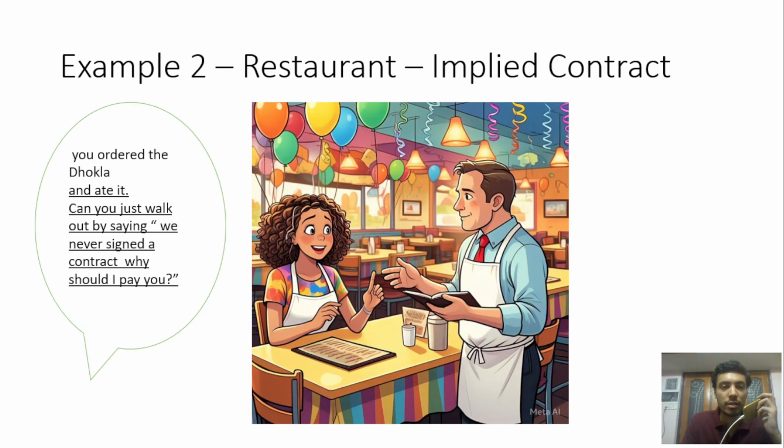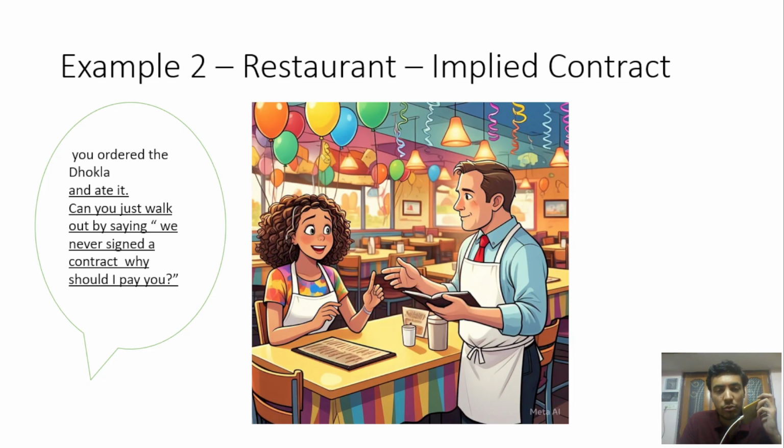Now let's come to example 2, which shows us what implied contracts are. One is the express contract. Express means you express it through words, which may be written or oral. But in a restaurant, for example, you ordered some food and you ate it.